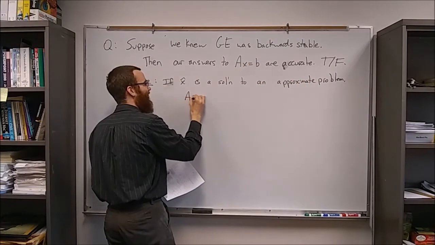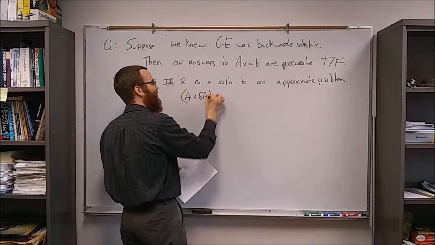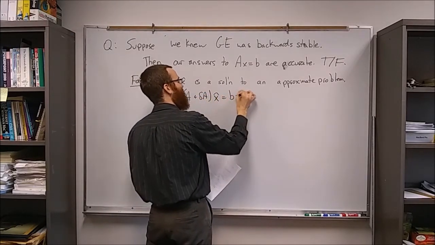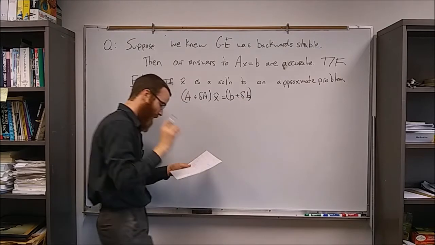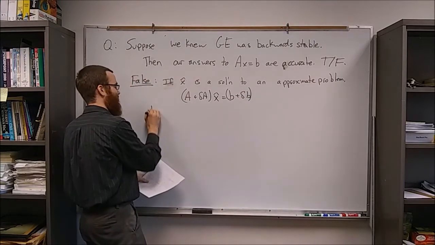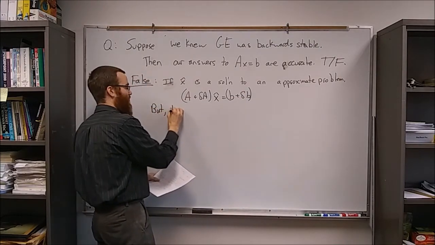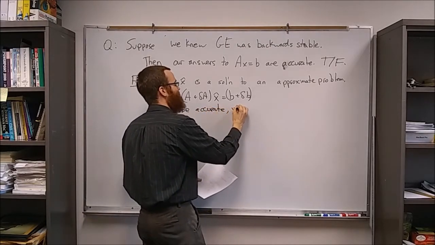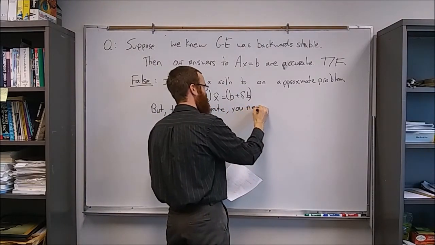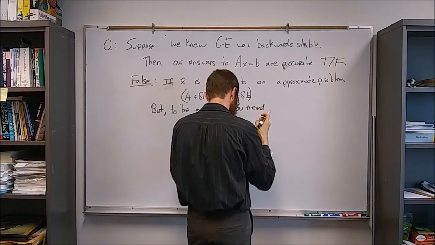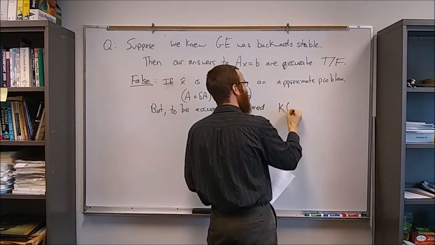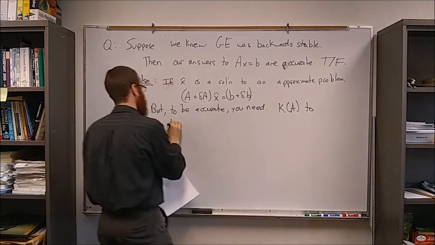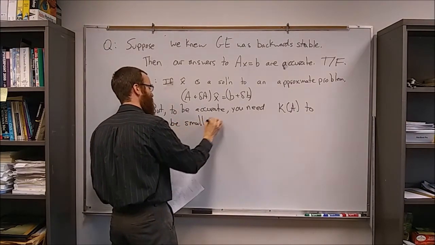Say, for instance, (A plus delta A) x hat equals b plus delta b. But to be accurate, you need kappa of A to be small also.